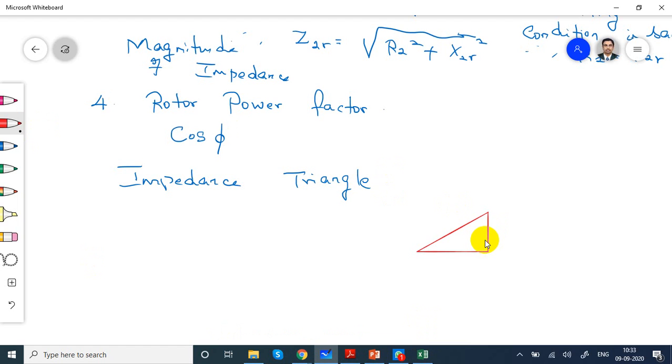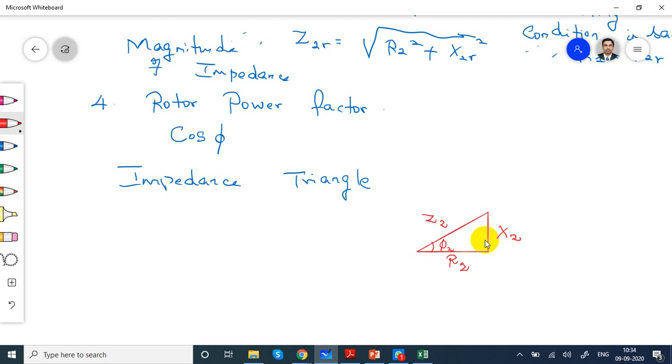Okay, the adjacent will be R2 and the opposite will be X2 and the hypotenuse will be Z2. The angle will be phi 2.